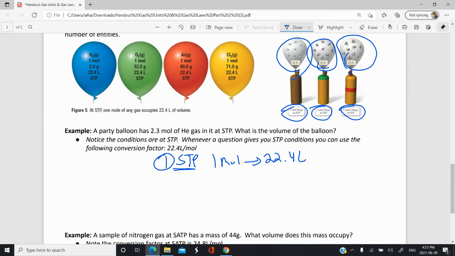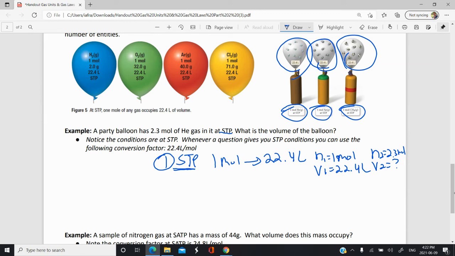In other words, I can pretend my N1 is 1 mole and my V1 is 22.4 liters. My N2 is 2.3 moles, and I want to find my V2. So I'm still using Avogadro's law. It's just that because I told you STP, your N1 is 1 mole and your V1 is 22.4 liters.